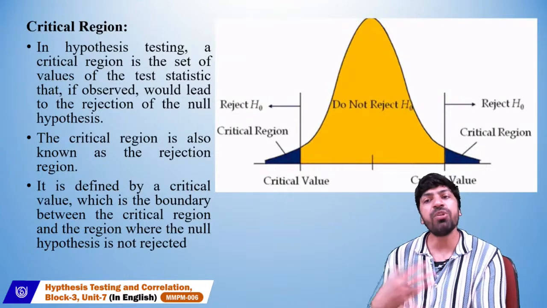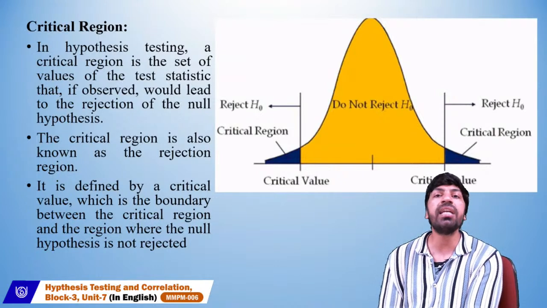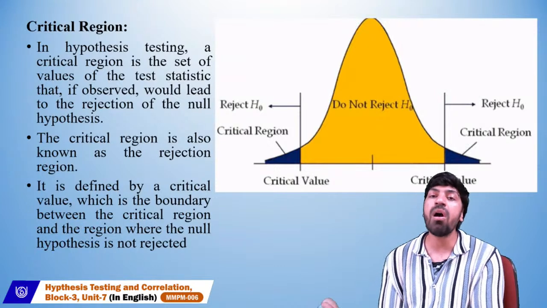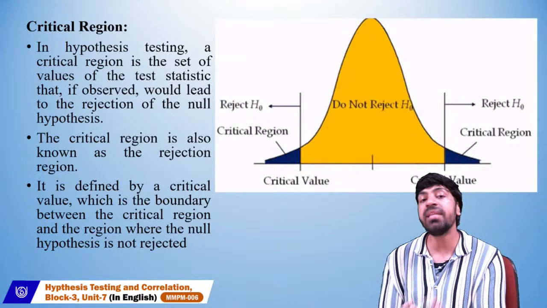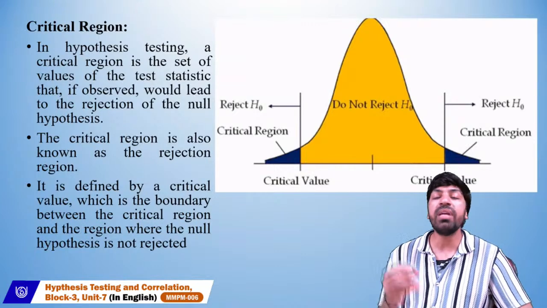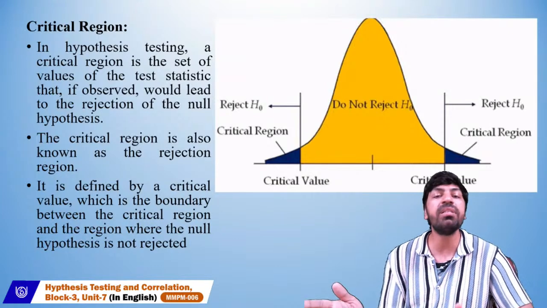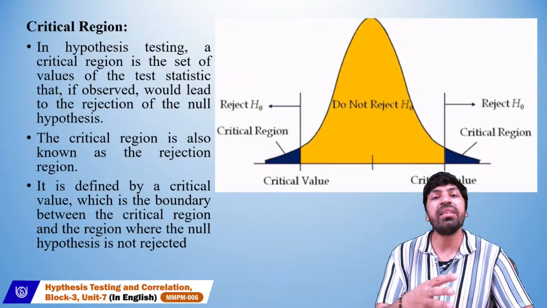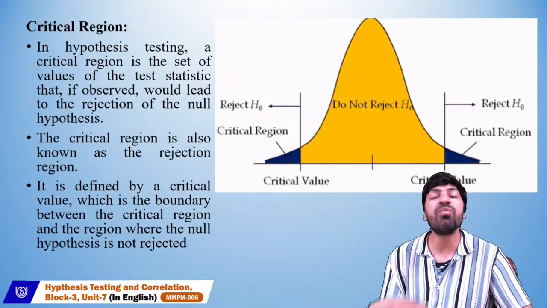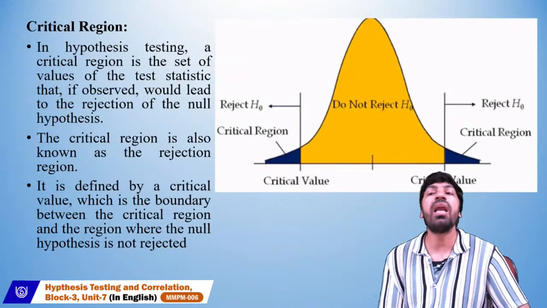So when we talk about hypothesis testing, a critical region is the set of values of the test statistic. When we talk about the test statistic, we always talk about statistical tests. So the critical region is a set of values of any statistical test, whether a t-test or chi-square test, which leads to rejection of the null hypothesis.